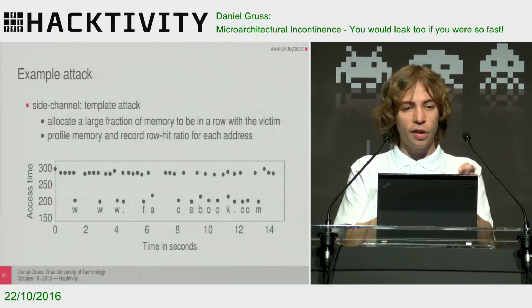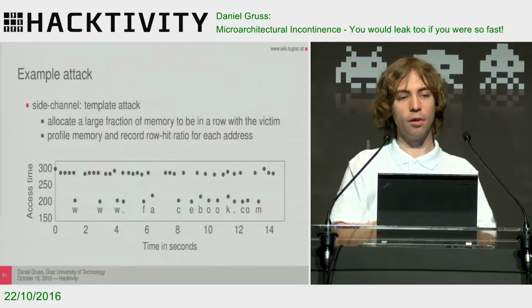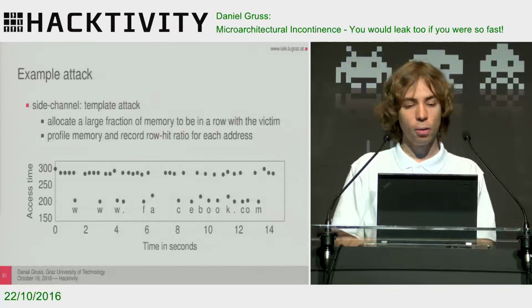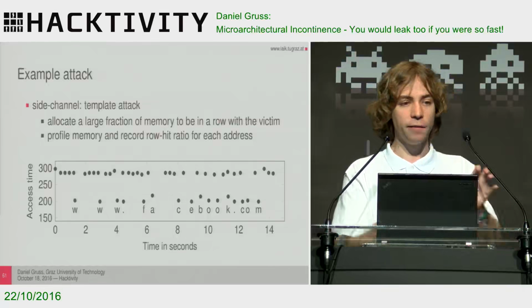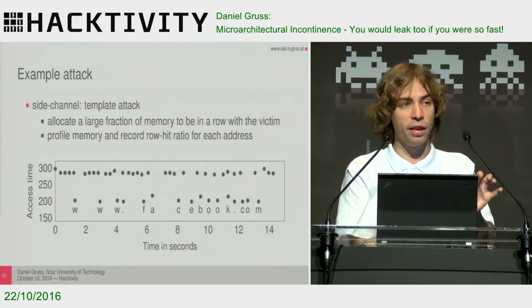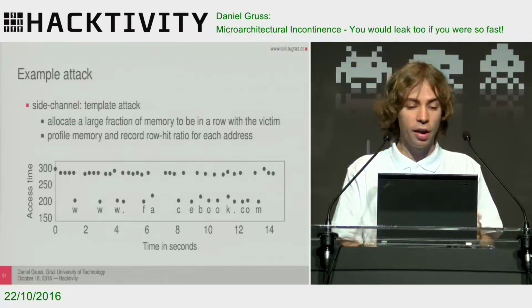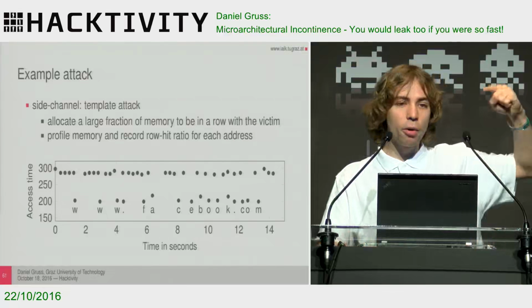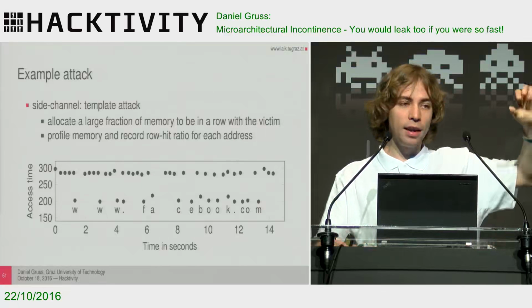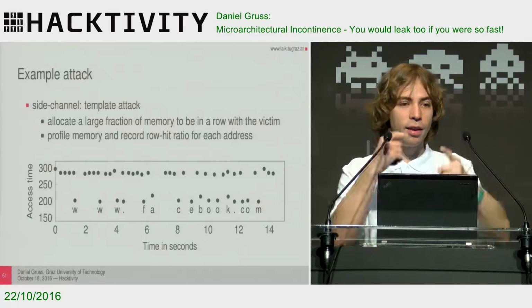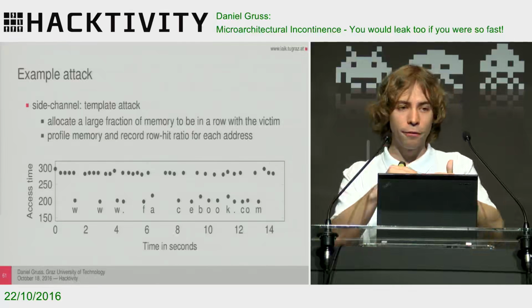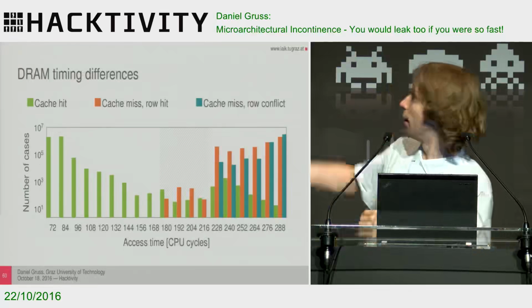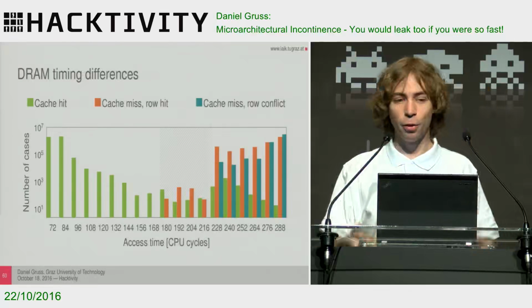And the probability that you share a DRAM row is also large, because DRAM rows are scattered over like 256 or 512 kilobytes. So the probability that you have a 4 kilobyte page in that region and the victim has a 4 kilobyte page in that region as well is really large. And then we just iterate over our own memory and run basically a flush and reload attack on that, but look at a different timing difference, because no one will reload it now, but we might observe the row hit I've shown you before, although we shouldn't see a row hit.